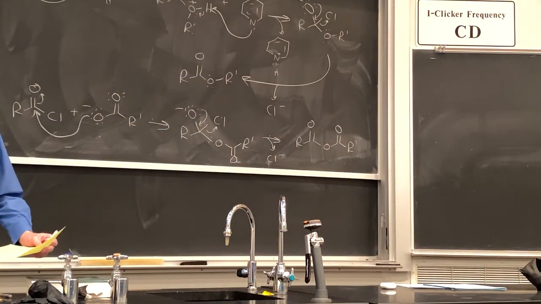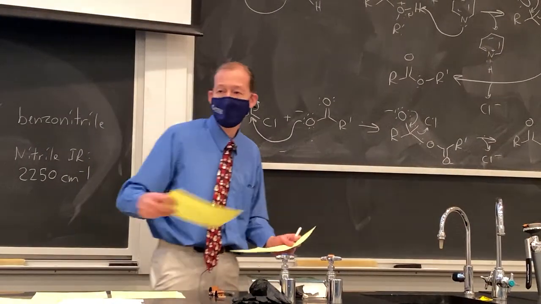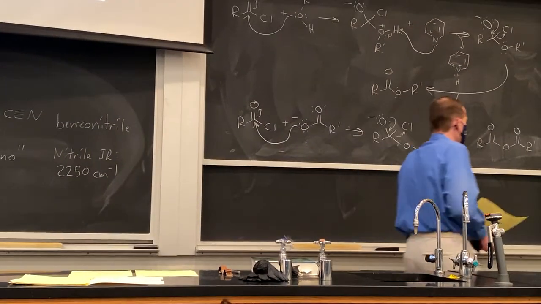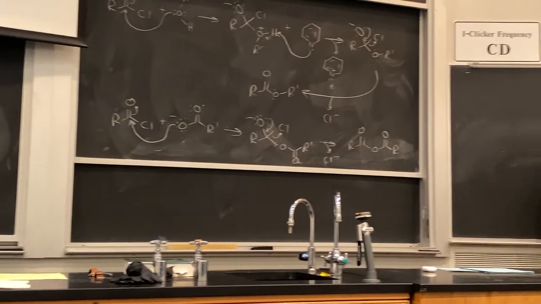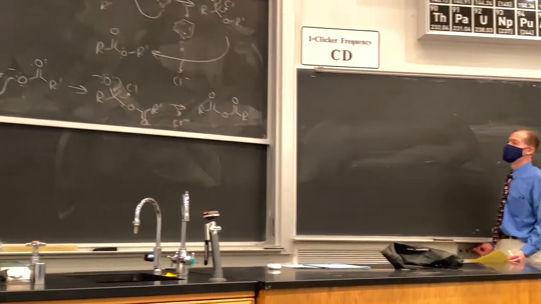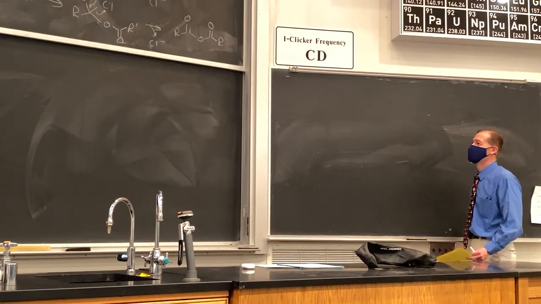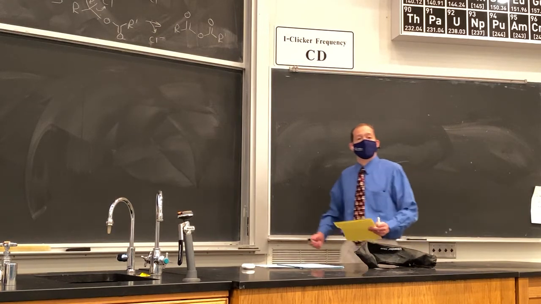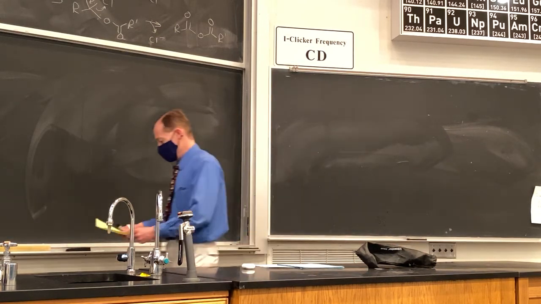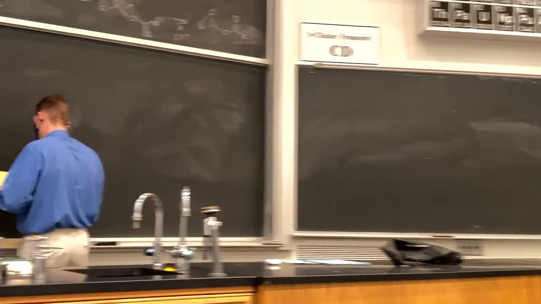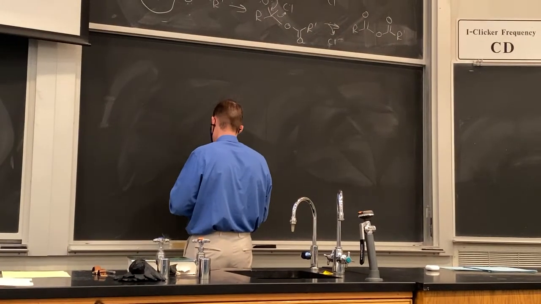So our other type of nucleophile that we would have is an amine. And when we use an amine in reactions with acid chlorides, we use two equivalents of the amine. Okay? So I'll draw that for you.